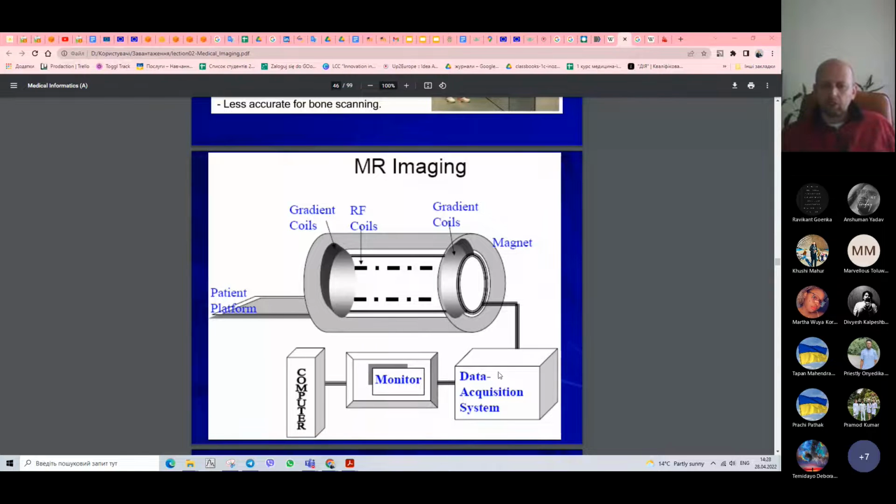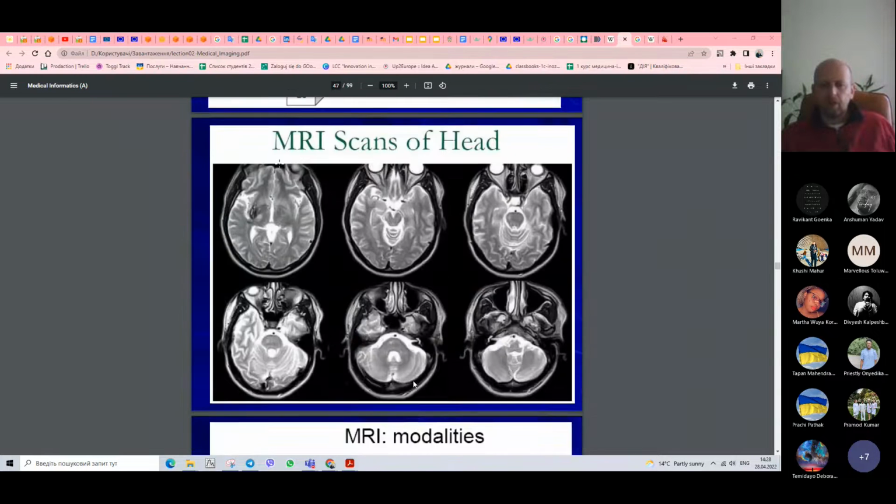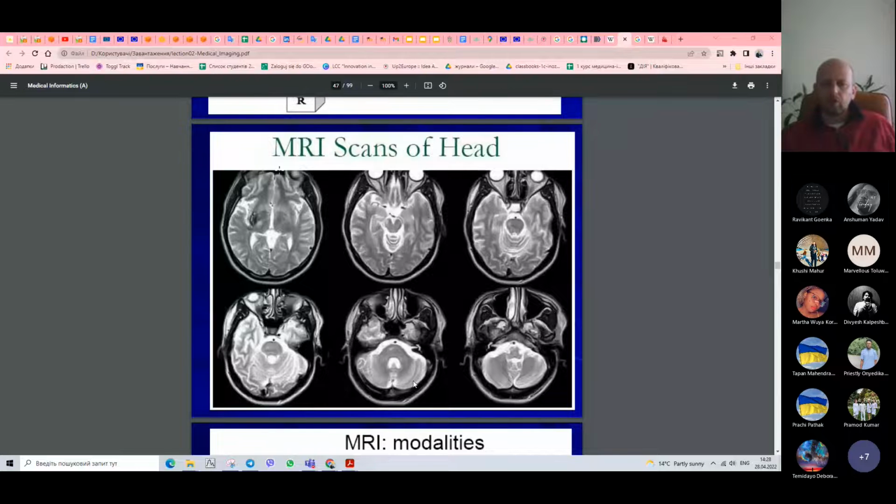From this, the data acquisition system, monitor and computer help illustrate and visualize data processing results. You can find how we view MRI scans of the head. You see this so detailed scan of a cross-section of the head.